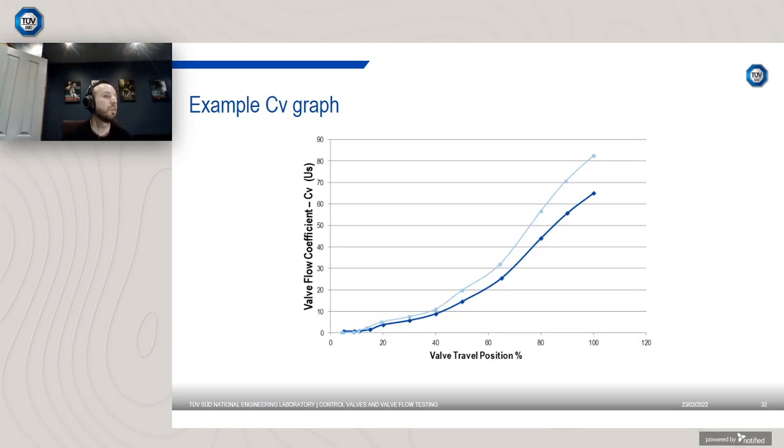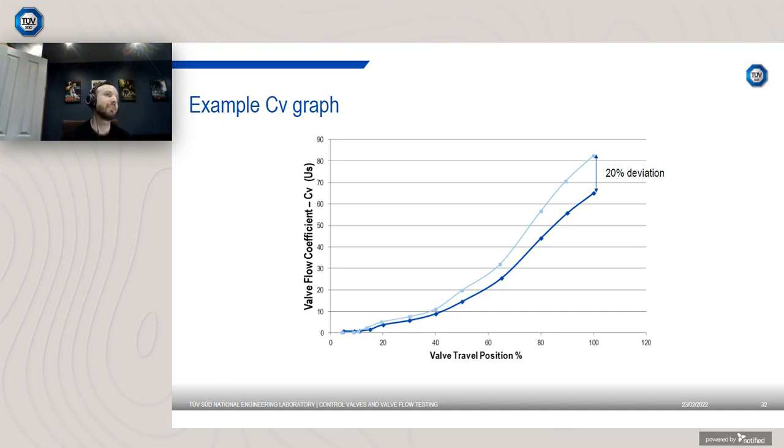On the other hand, you might have a situation where the test data does not agree with the predicted data. So this was a good example. This was another choke valve, and at fully open, the valve had a 20% deviation. So the CV, they thought it was going to be 82, and it was actually around 65. Now, if you think about CV, for a given flow rate, a higher CV is going to result in a lower pressure drop.